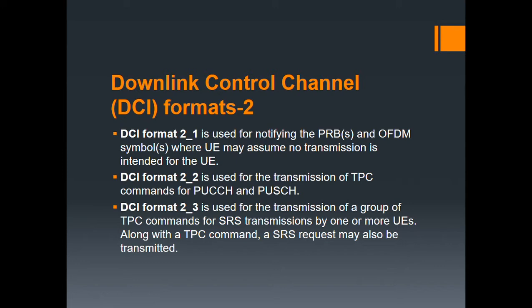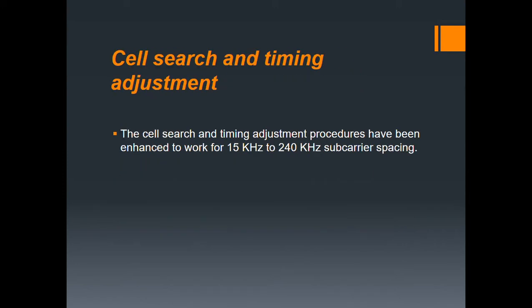So DCI formats 2-1, 2-2, 2-3 deal with respectively the uplink part. So typically the cell sets and timing adjustment have been enhanced to work from LTE 15 kHz to for 5G up to 240 kHz of carrier spacing.